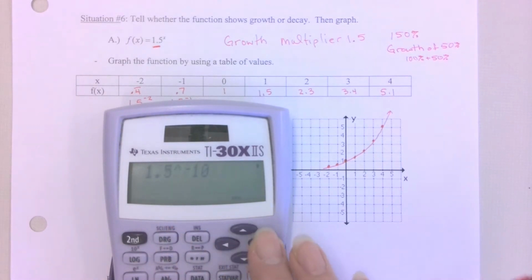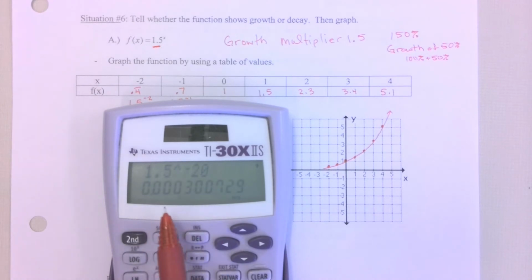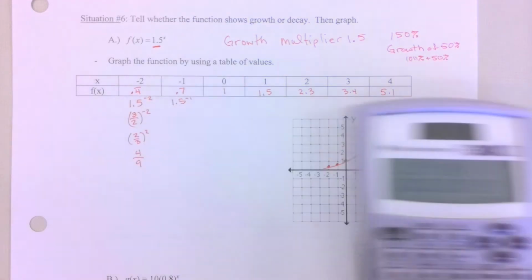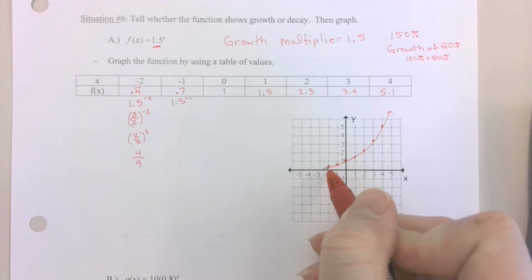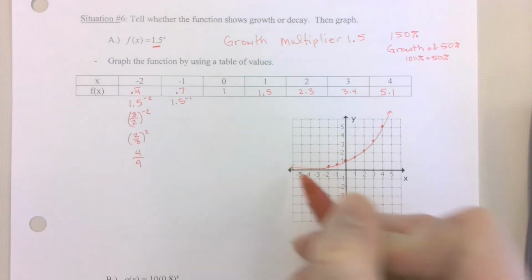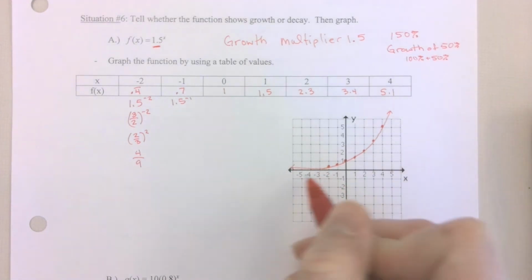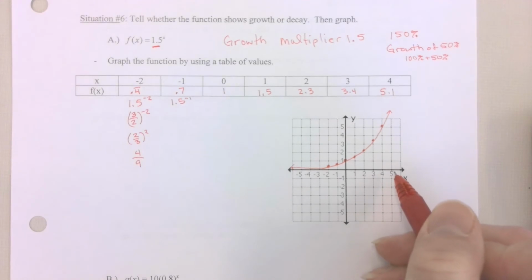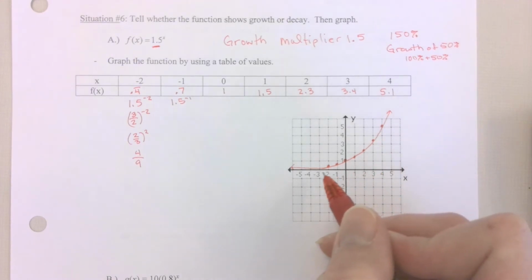If I take it to the power of -20, I get an even smaller decimal. We're getting closer and closer to 0, but we will never cross where y equals 0. So this graph will just hover above the x-axis. This is going to be an asymptote, which means the graph will approach it, but it will never cross it.